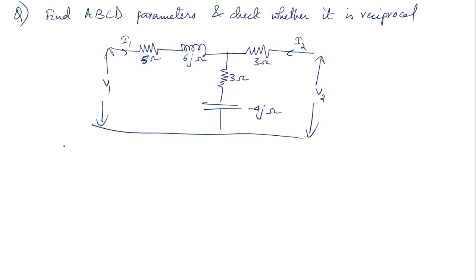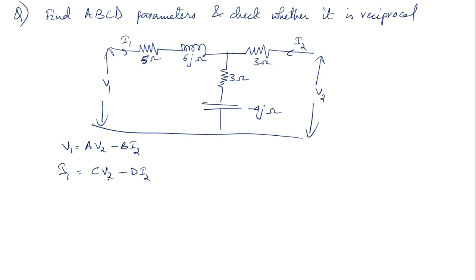What is the equation? You have V1 is equal to A V2 minus B I2 and I1 is equal to C V2 minus D I2. First you will be short circuiting the terminals by putting V2 equal to 0.